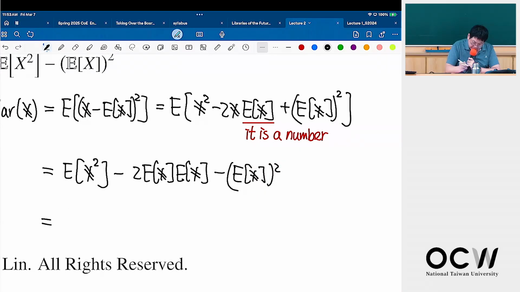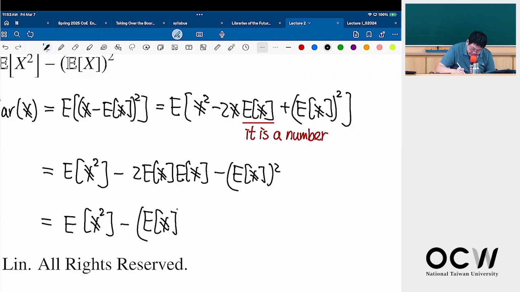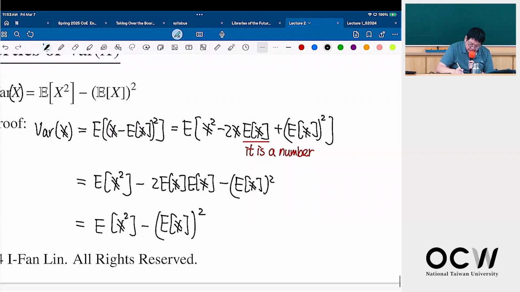So that is the second moment minus the first moment squared. The variance will be the second moment minus the first moment squared.